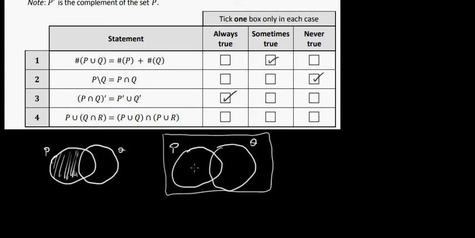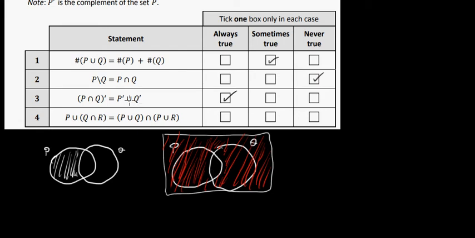There's P intersection Q there, and the complement of that is going to be this area here. It's going to be everywhere outside the intersection, everywhere except this area here.